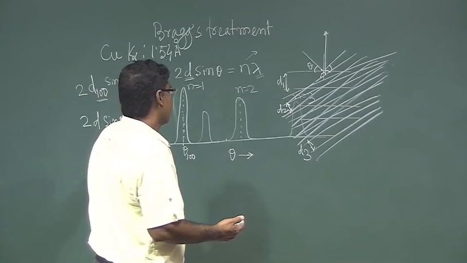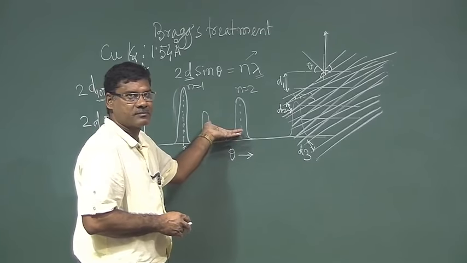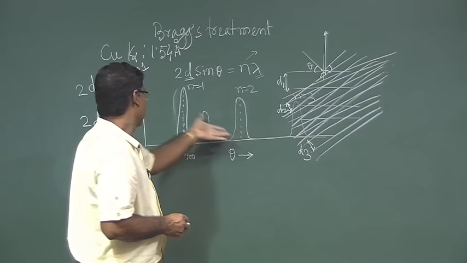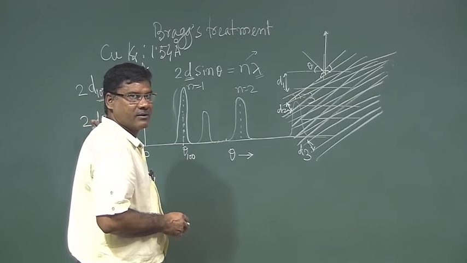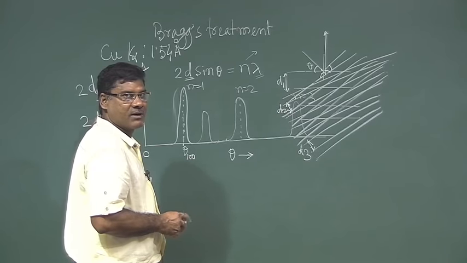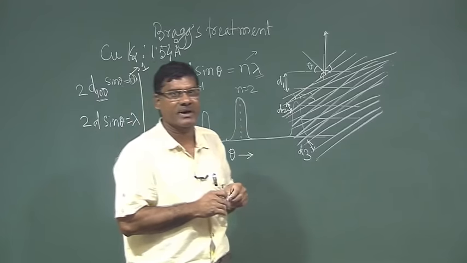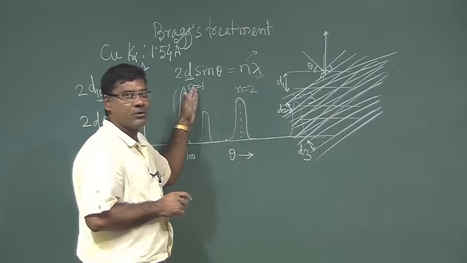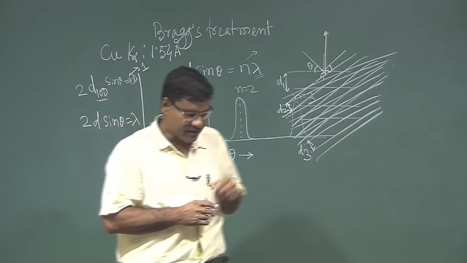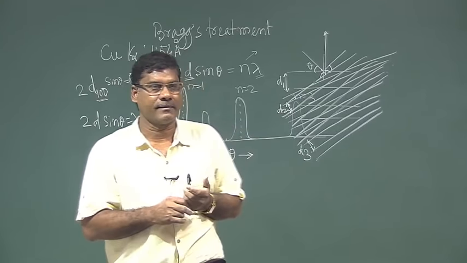So, at that theta we will get a peak for a particular d value, right. This way we will get a large number of peaks, each peak for a particular plane.